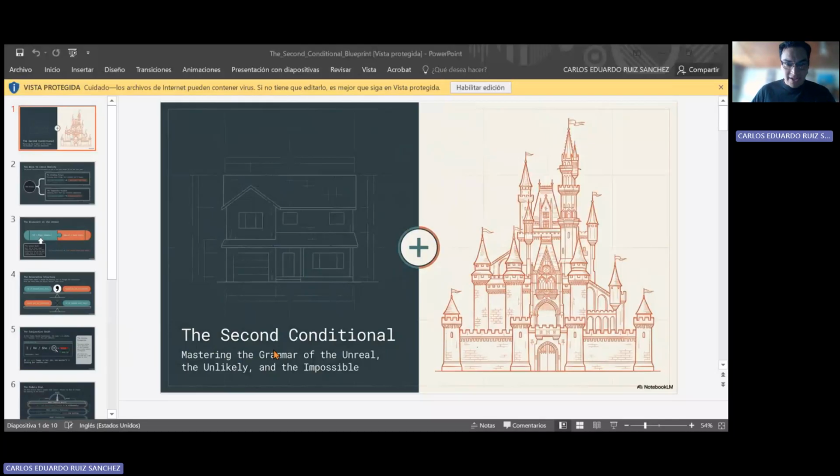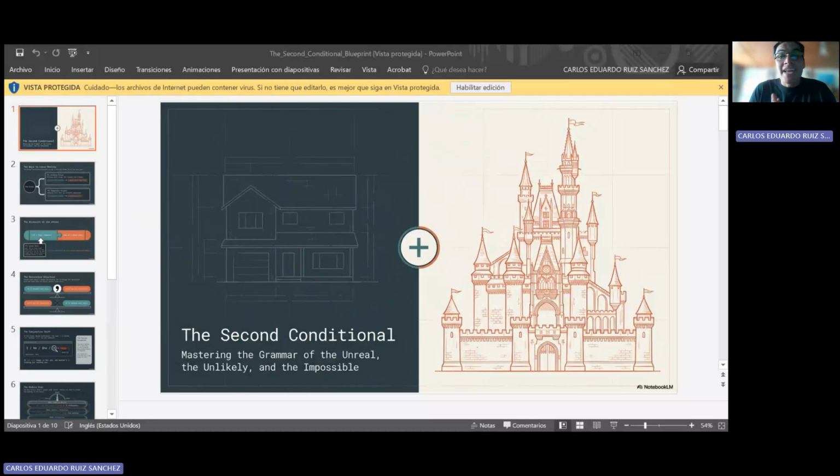Don't forget that. Clause order doesn't change the meaning, but it changes the punctuation. Drop the comma when the result with would comes first. So the meaning is the same, but we need to identify when to use the comma and when not to use the comma. Okay, next one.